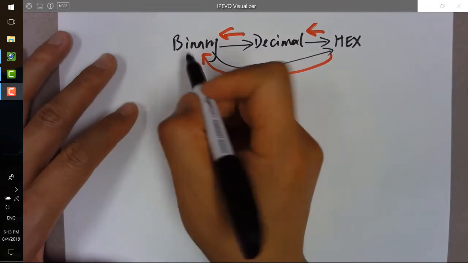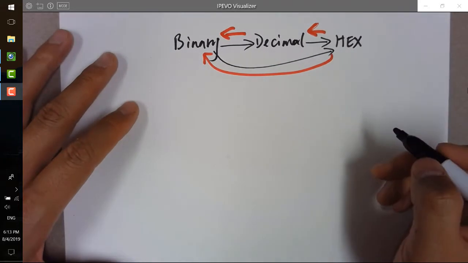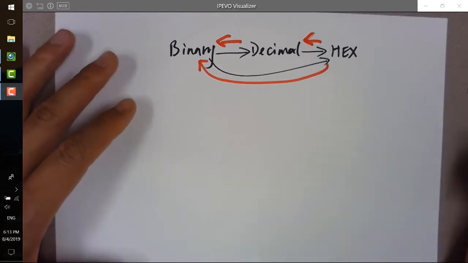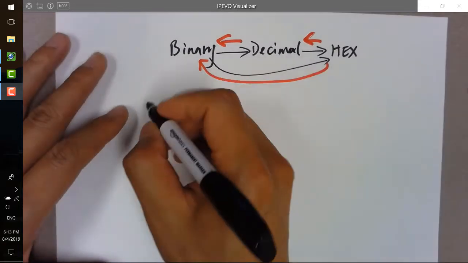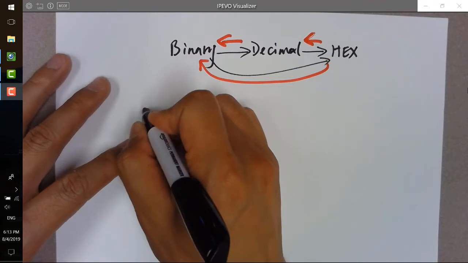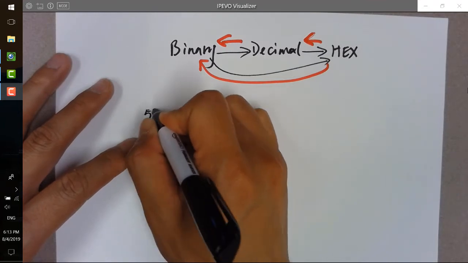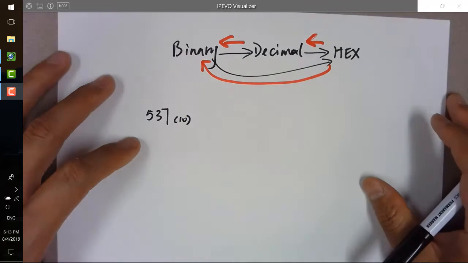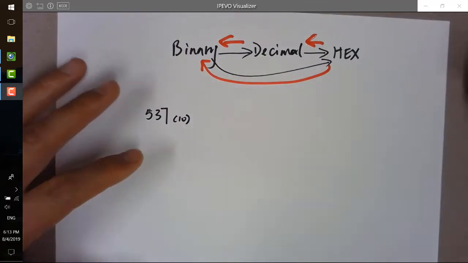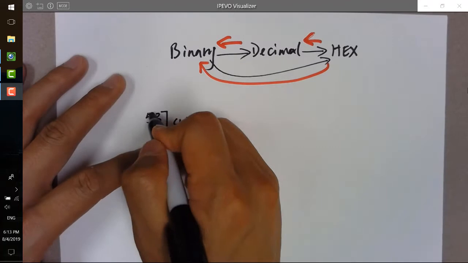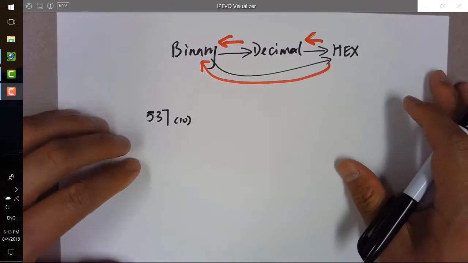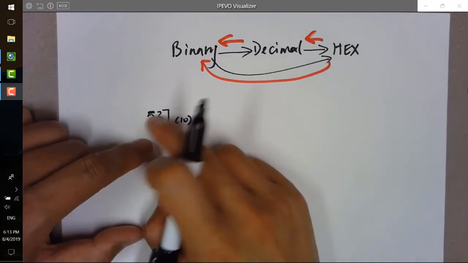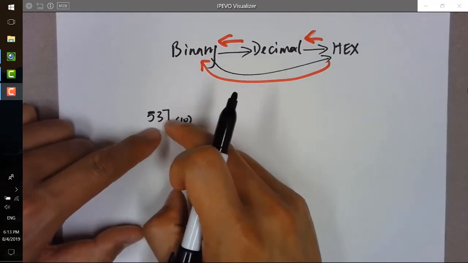Okay, so now let's take a look at the binary number. Before we do that conversion, I just want to show you the concept. If you look at an example of a decimal number, for example 537, let's say this is a 10-based number, which is a decimal number. What does that mean here? These three digits are put together to form one number, 537.